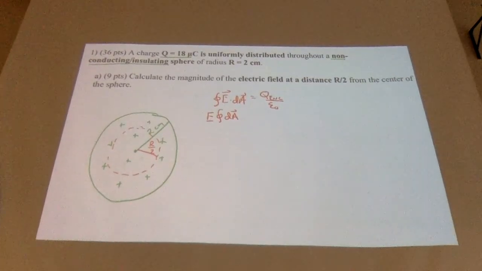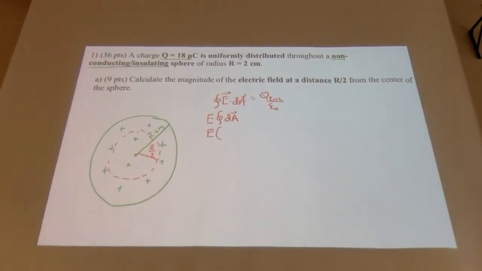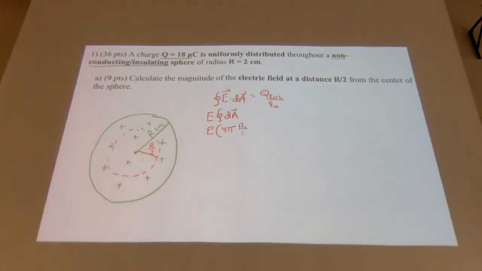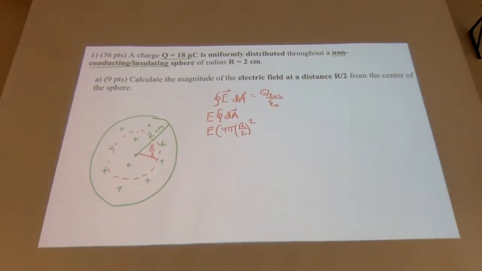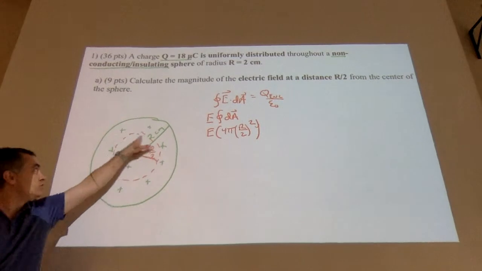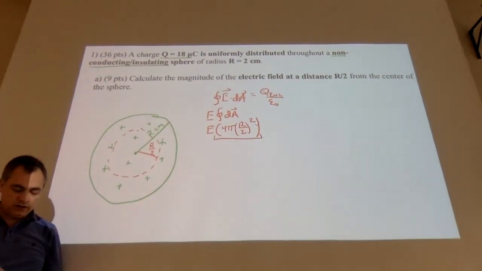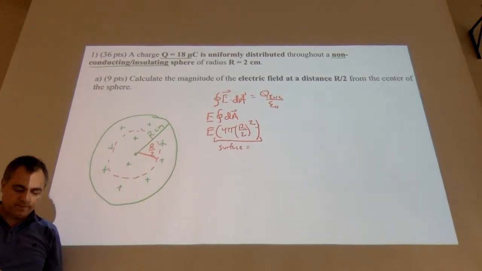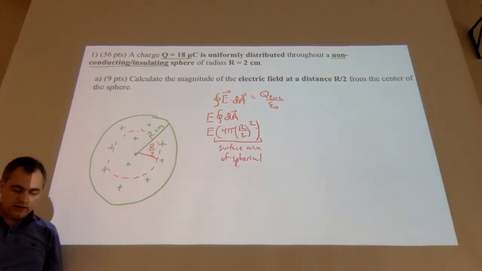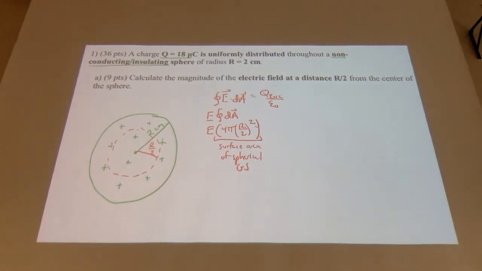We're talking about the surface area of a spherical Gaussian surface, which means that's going to be 4 times pi times r squared, but my r here is r over 2. It's specifically the spherical surface area of this red dotted line. So we'll say surface area of spherical Gaussian surface. That's the left side. That side's done.